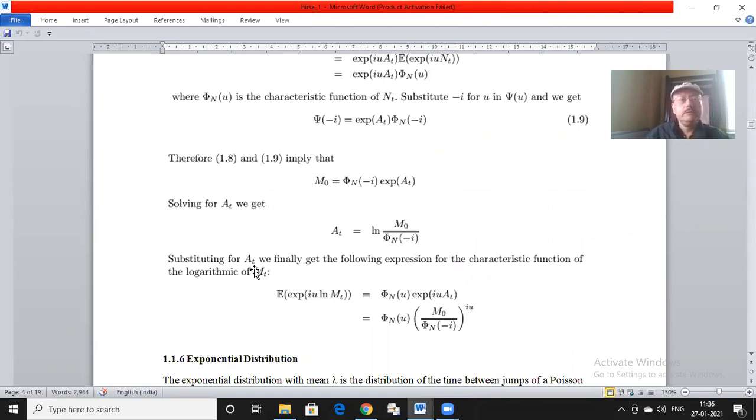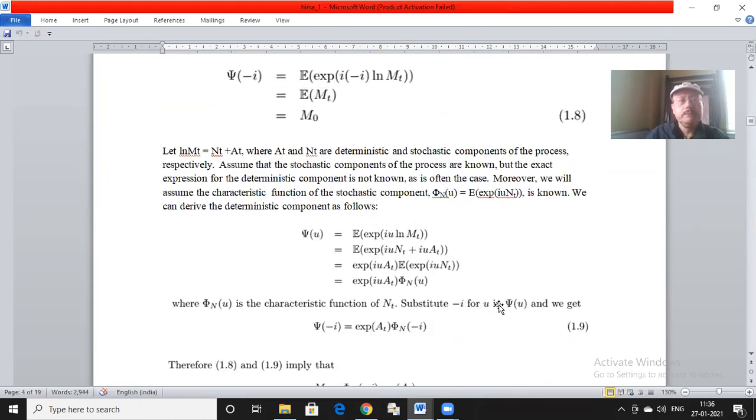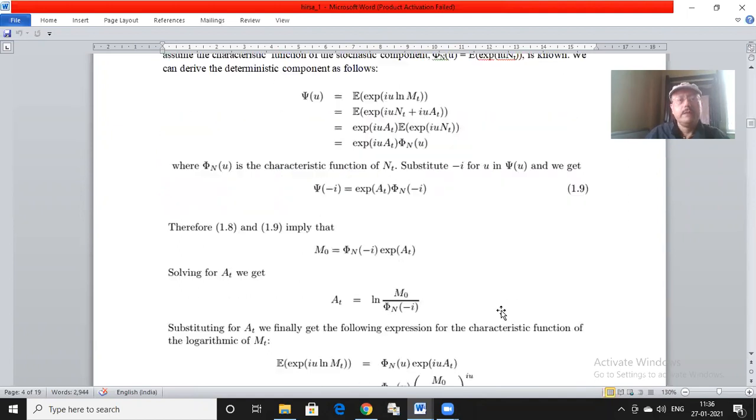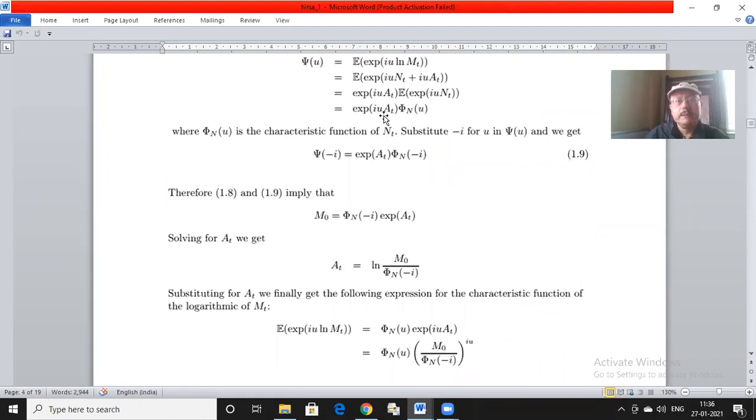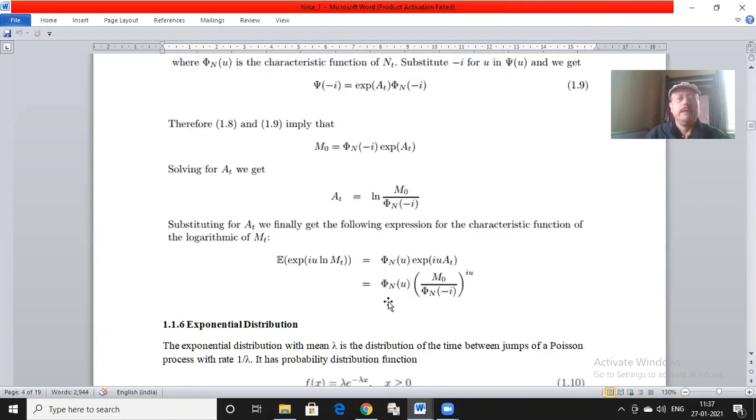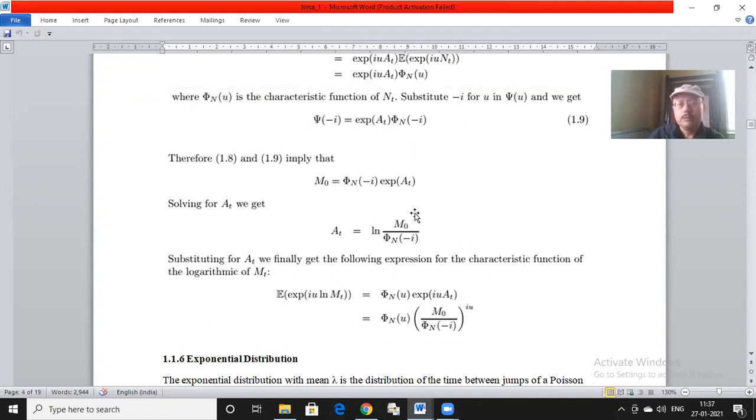And if we substitute this AT in the final expression for the characteristic function, I can immediately write, basically this expectation of e to the power iu AT, I can now write in terms of this equation here. And we can see that the expectation of this thing, which is the characteristic function, is phi n u, that is assumed to be known.